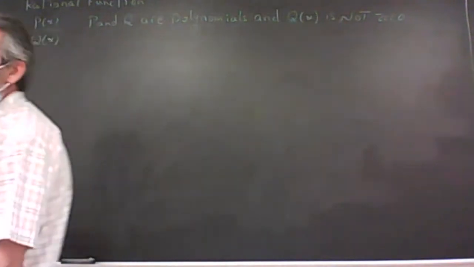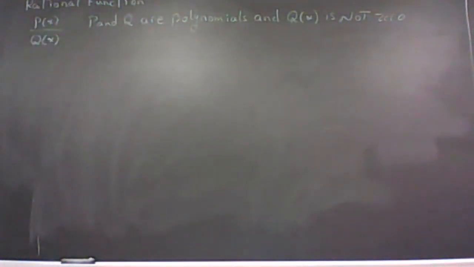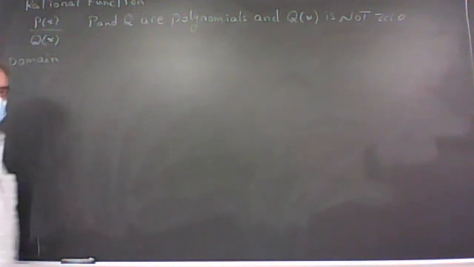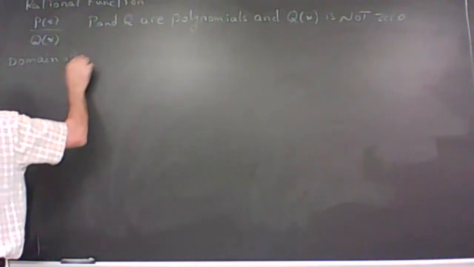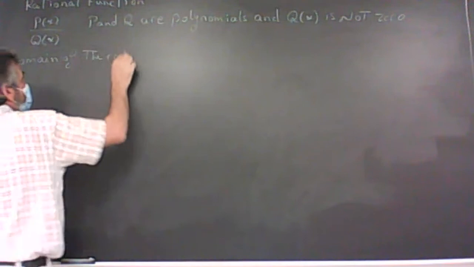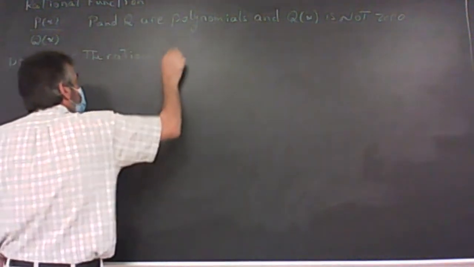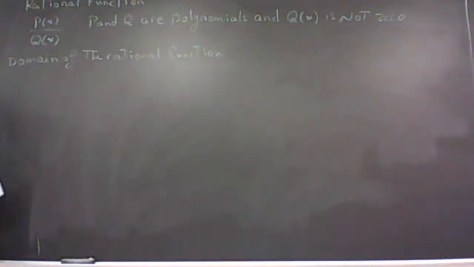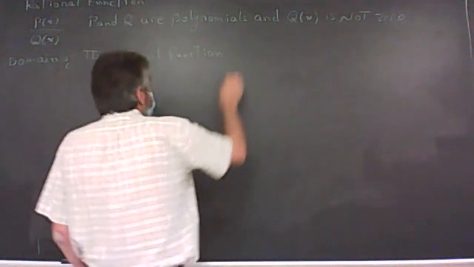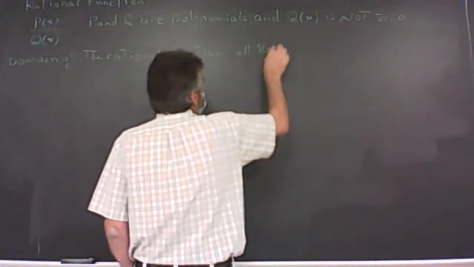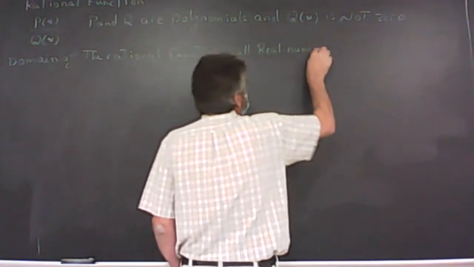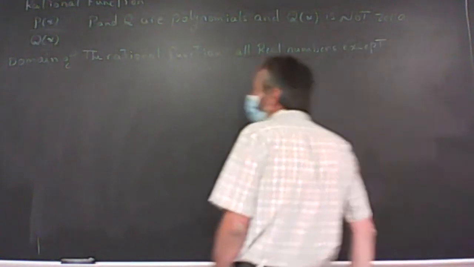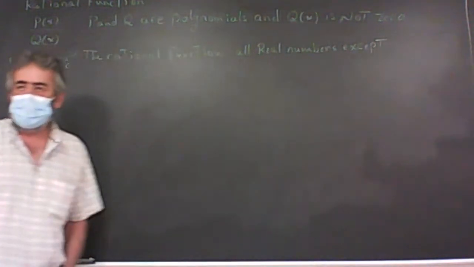To find the domain of a rational function, the domain is always all real numbers except some values. Yes? Except what?